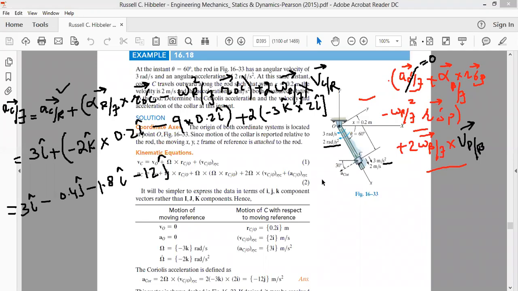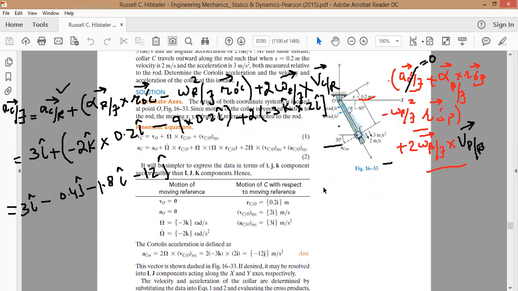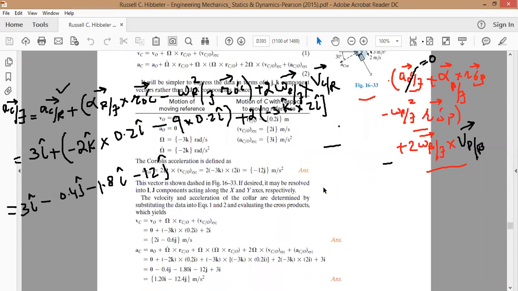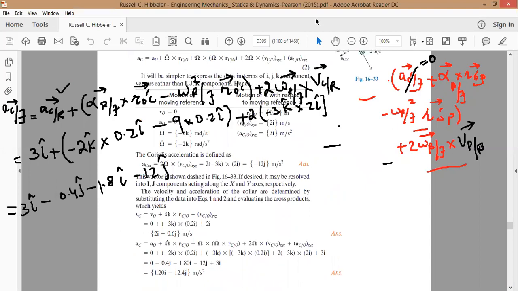So as we go ahead, that will be equal to 3i minus 1.8i, that's equal to 1.2 i cap.